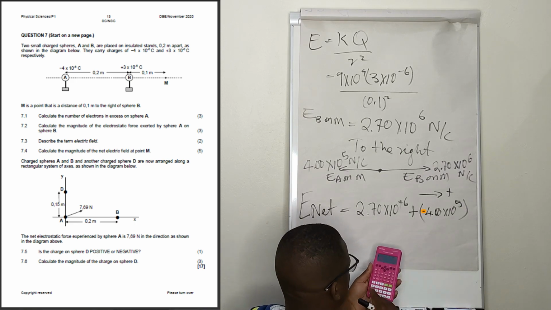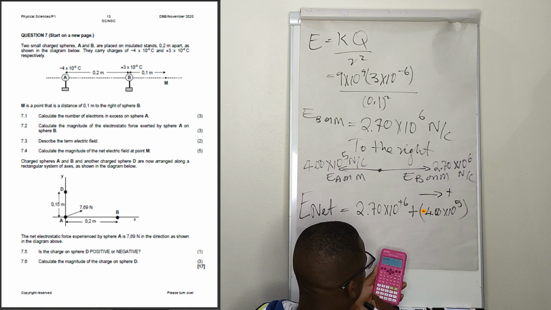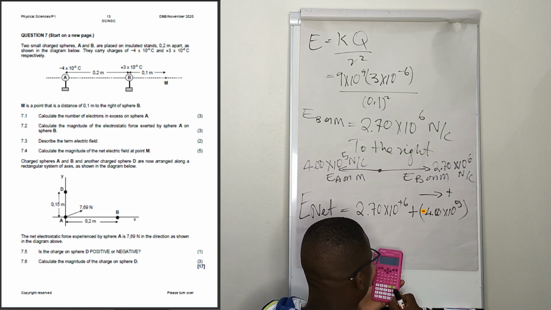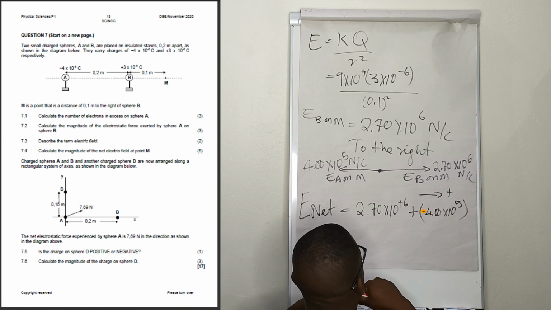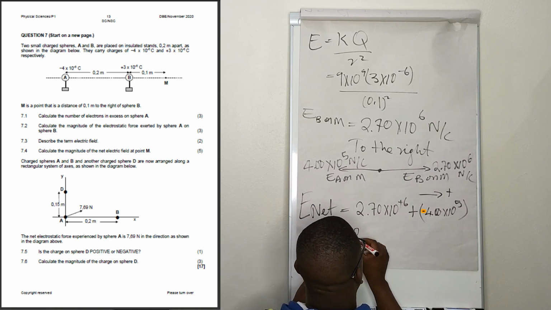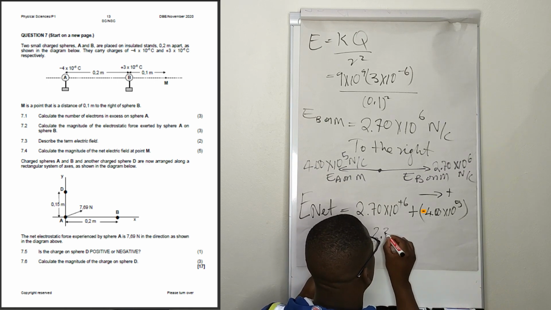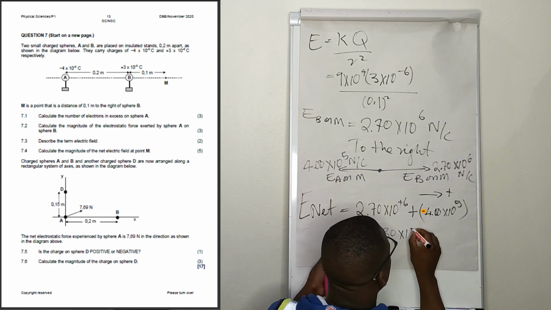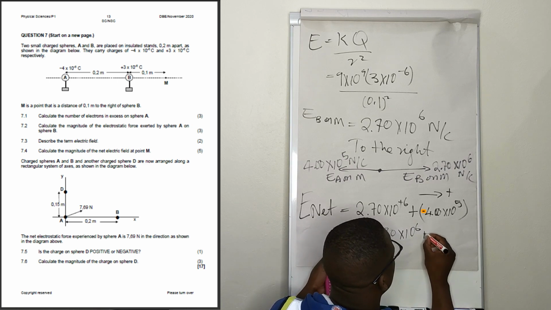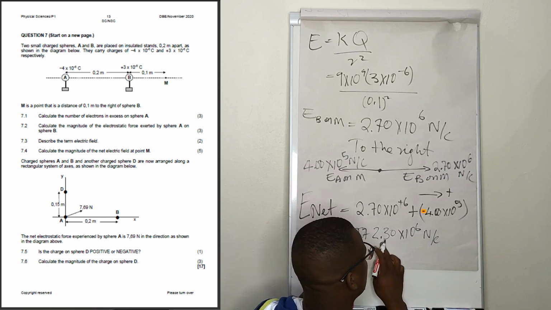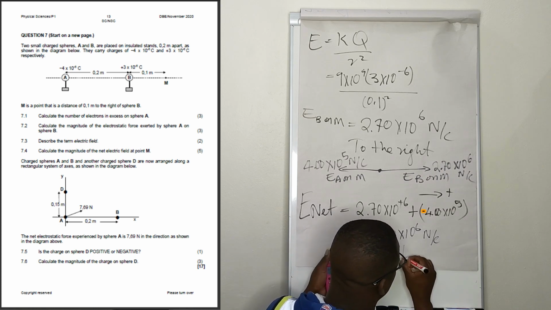The final answer is 2.7 times 10 to the 6 plus negative 4 times 10 to the 5. What do you get? 2.30 times 10 to the 6 newtons per coulomb, which is positive, which means this is to the right.